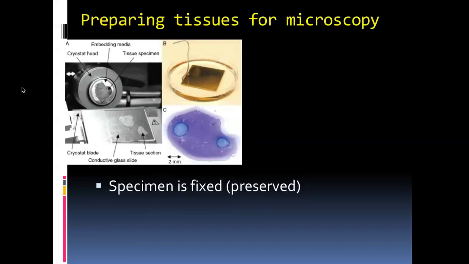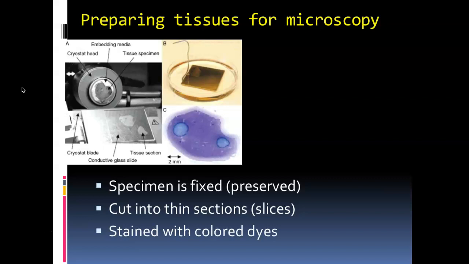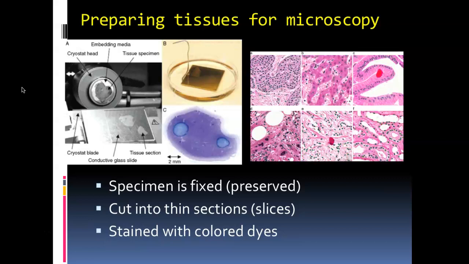So the way that tissues are studied is they are fixed or preserved and cut into thin sections or sliced, and then they're stained and then they're put on a slide and they're studied under the microscope. So all of the pictures that I show you today and all of the pictures that you're looking at in your lab, well, it's not really a lab.